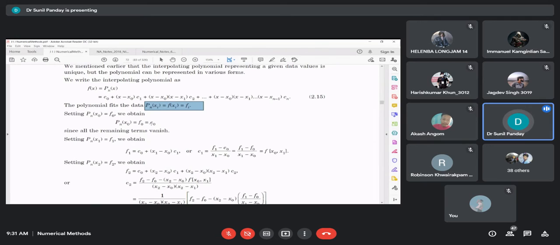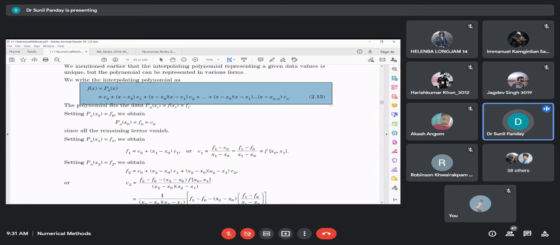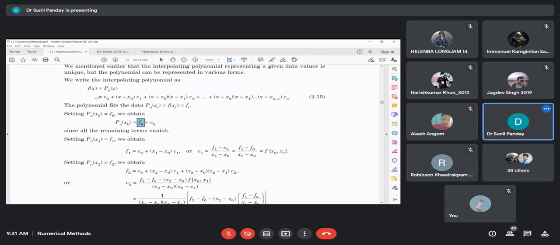So we'll start from x naught. If I substitute x equals x naught on both sides of equation 2.15, on the left hand side I will get f of x naught. On the right, you can see that the factor x minus x naught is common to all these highlighted terms.